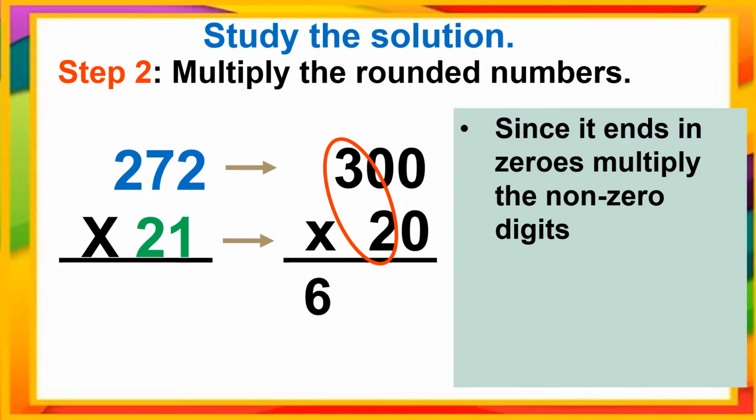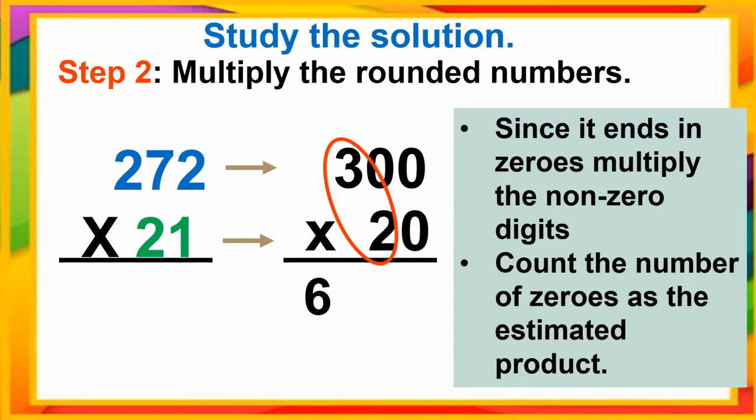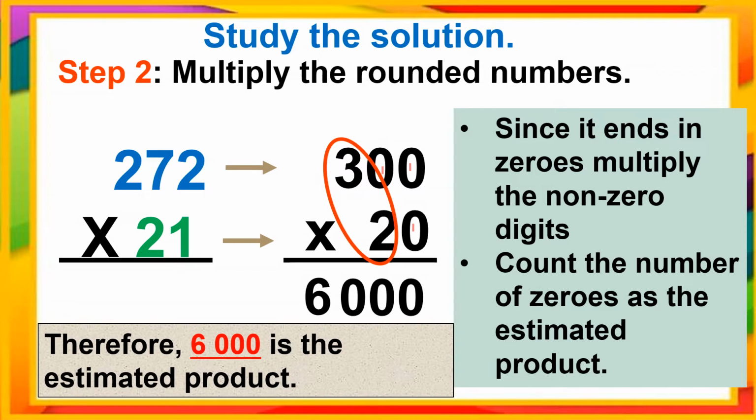And then we're going to count the number of zeros as part of the estimated product. So let's count the number of zeros. We have here 1, 2, 3. So these 3 zeros will be written in our product. So therefore, 6,000 is the estimated product of 272 times 21.